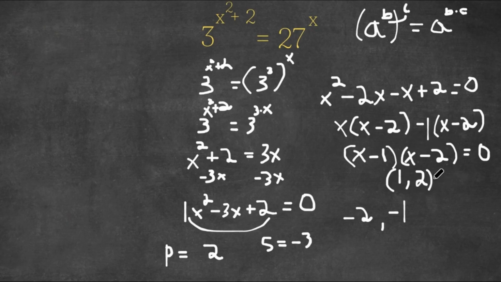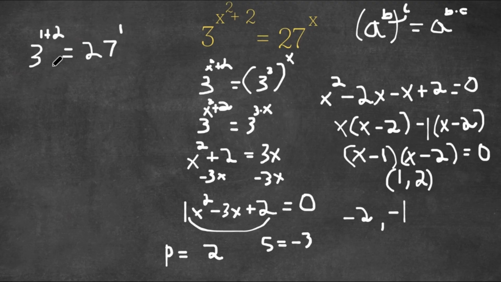So our answers are 1 and 2, and now we can plug these into our original equation and see if they work. So let's plug in 1 first. We're going to have 3 to the power of 1 squared, which is 1, plus 2 equals 27 to the power of 1.